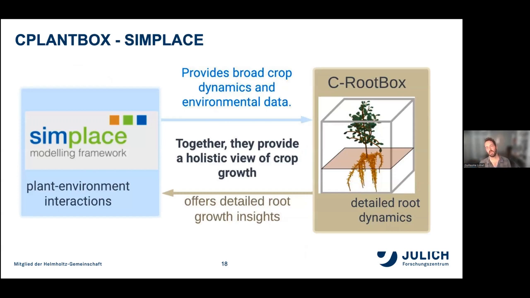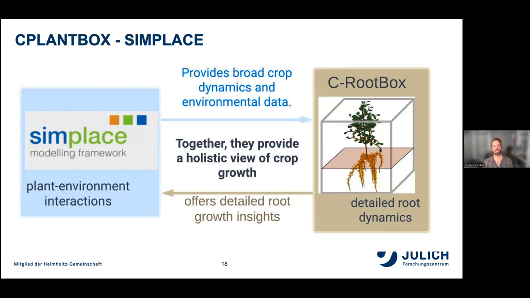Another coupling that was done, also in the framework of PhenoRob, was between CPlantBox and SimPlace. So here it's between the organ scale and the crop scale. And the idea, as I said, is that SimPlace does not have a very detailed representation of the architecture of the plant, and that's even more true for the roots. Sorry, for the root system.